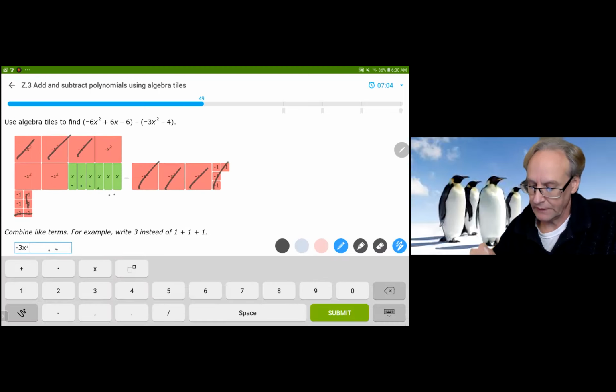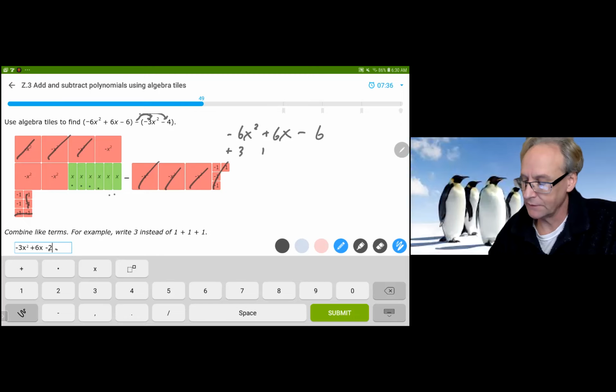2 negative units. Now, what we want to recognize is that what's really happening, of course, in the algebra, is we are distributing this negative to both parts, aren't we? This one and that one. So that is negative 6x squared plus 6x minus 6. And I have a plus 3x squared. And I have a plus 4. There's nothing adding there.